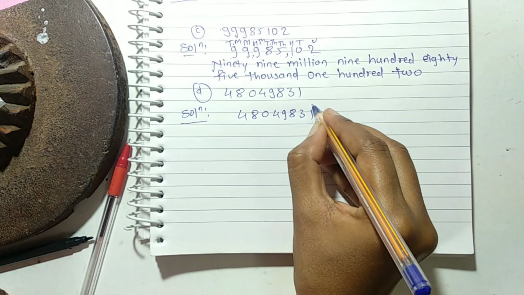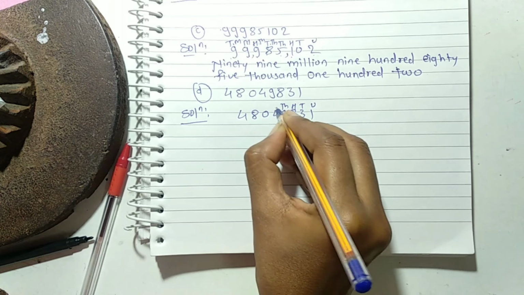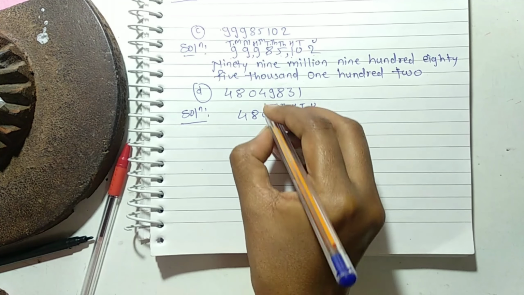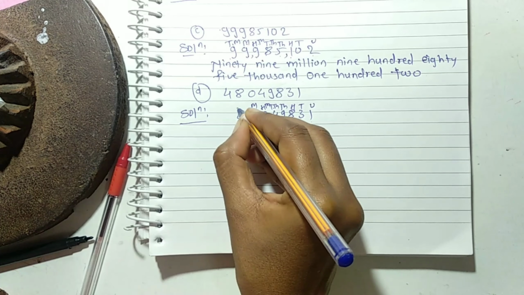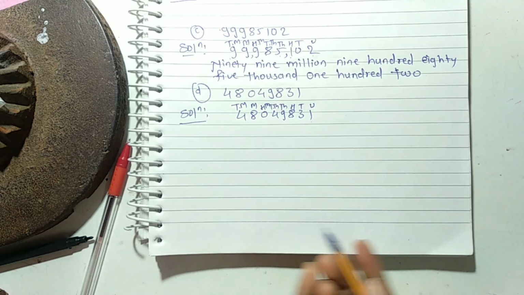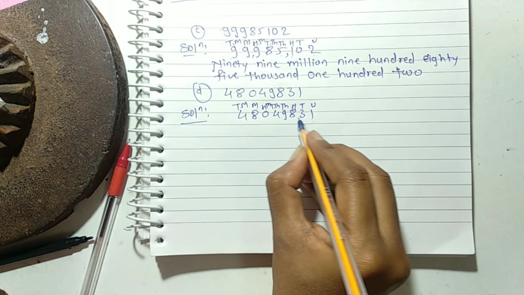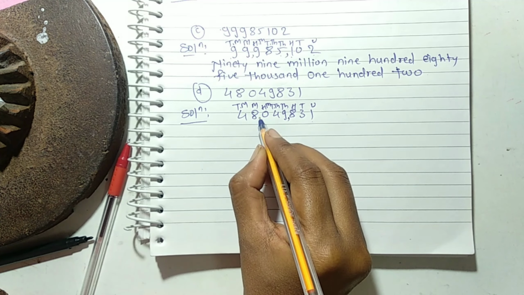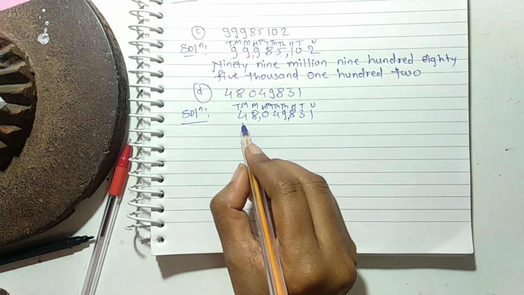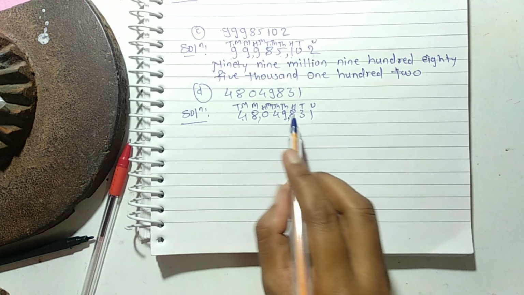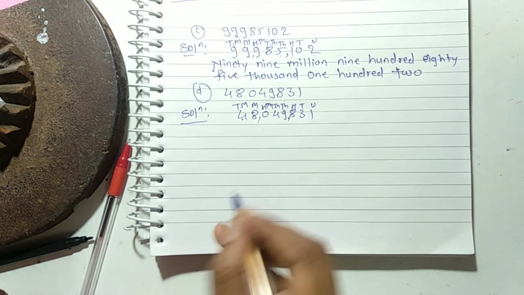Next example, write down as it is: 48049831. 1 is on unit, then tens, hundreds, thousands, ten thousands, hundred thousands, million and 10 million. In the international system the first comma is put after 3 digits and the next comma after 3 digits. Now we can read here: 48,049,831.